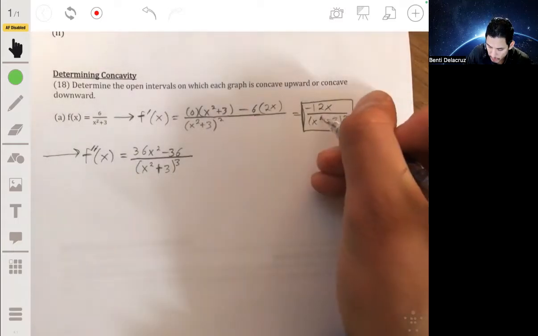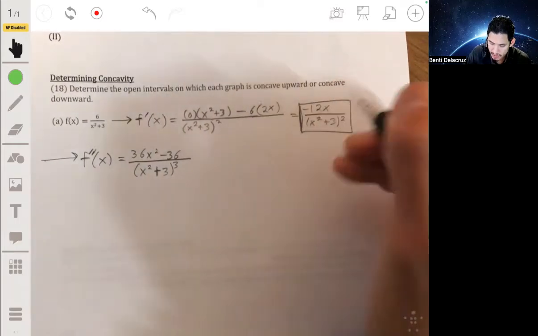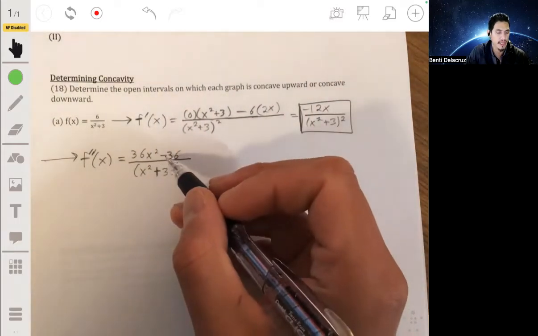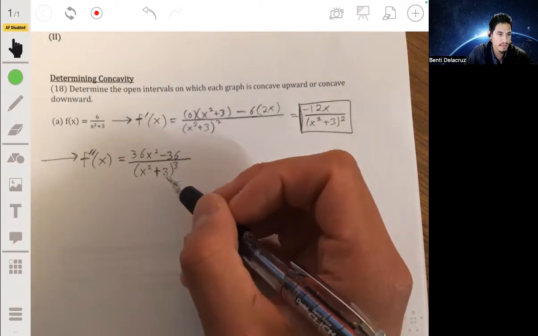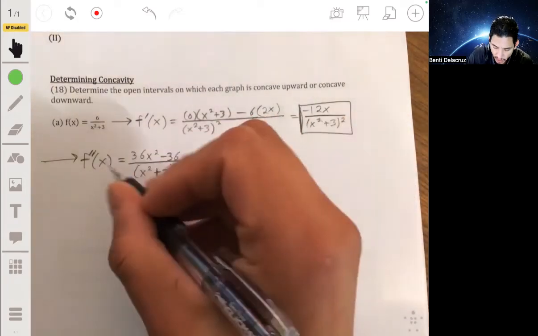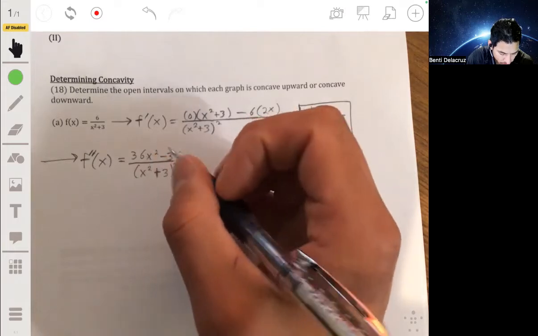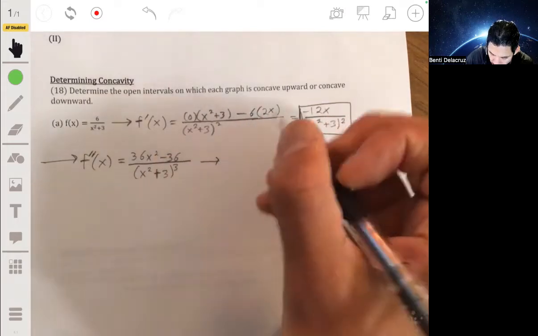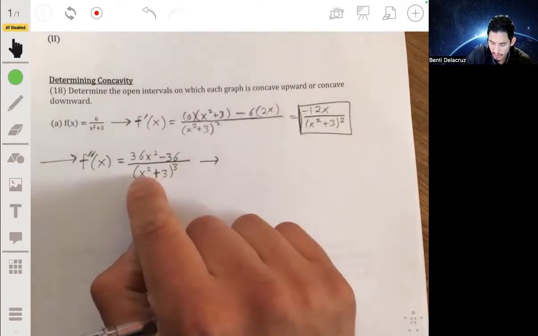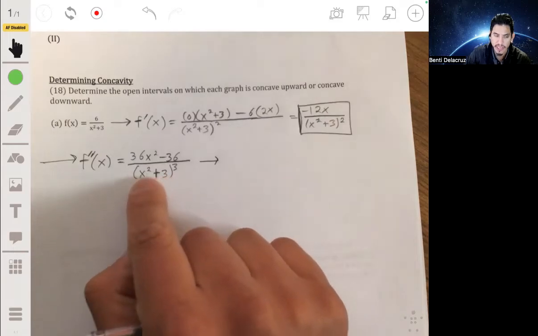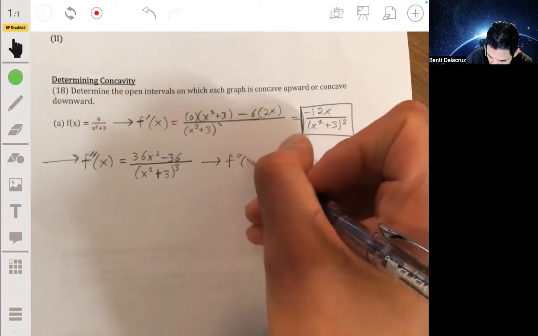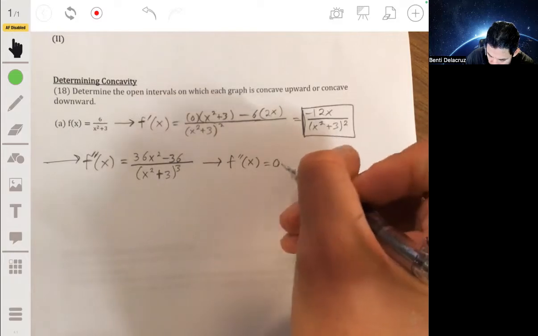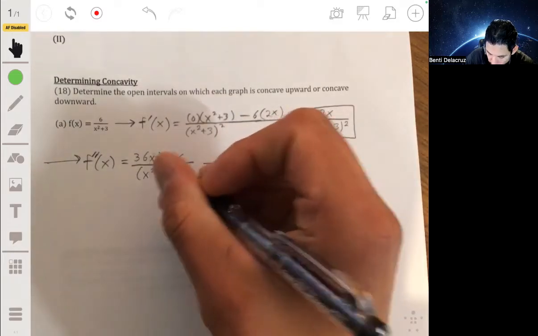All right, so after we take the second derivative and simplify, we'll get that it's equal to 36x squared minus 36 over x squared plus 3 to the third power. So we find now where this is equal to 0, or where it's undefined. It's not going to be undefined anywhere because x squared plus 3 can never be negative. So we find the zeros of this, where f double prime of x equals 0. We just set the numerator equal to 0.